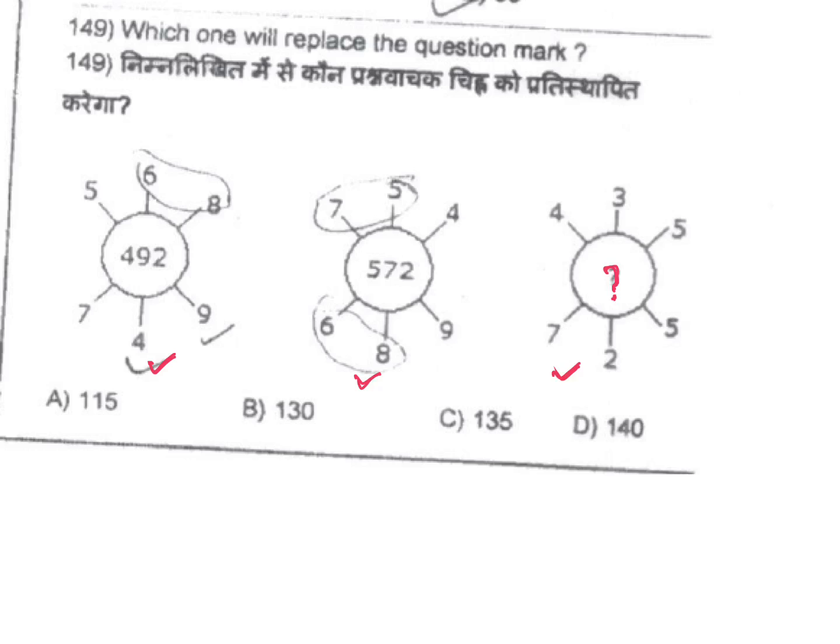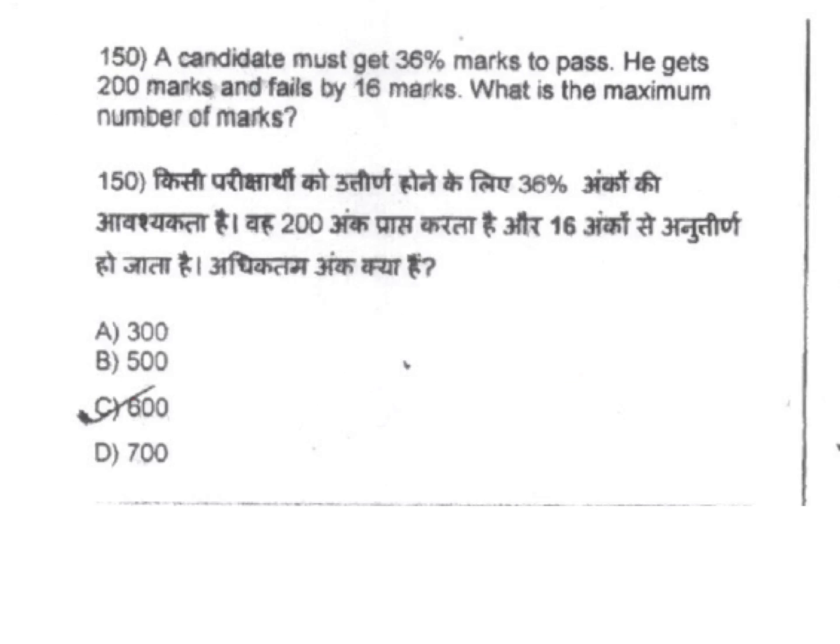Question is, a candidate must get 37% marks to pass. He gets 200 marks and fails by 16 marks. What is the maximum number of marks? So 36% is the pass mark. He gets 200 marks and fails by 16 marks, so 200 plus 16 is the pass mark.